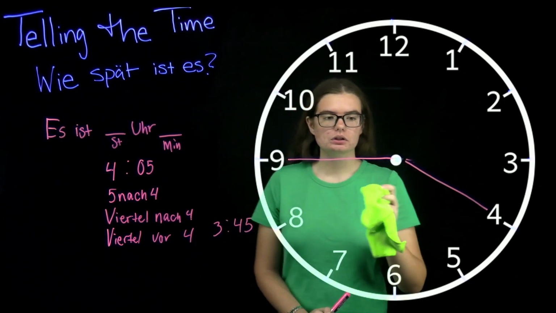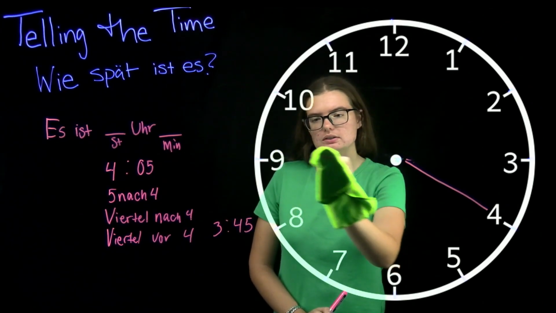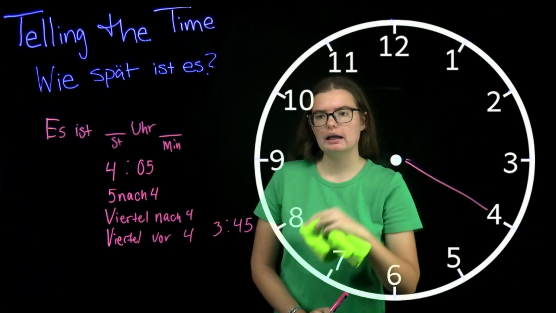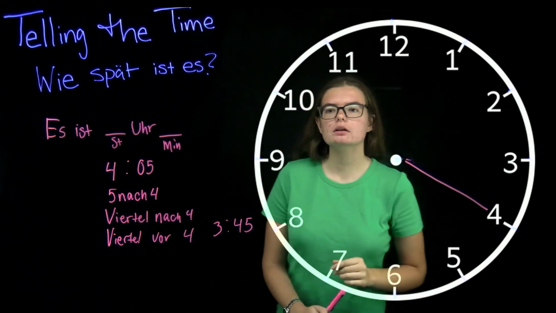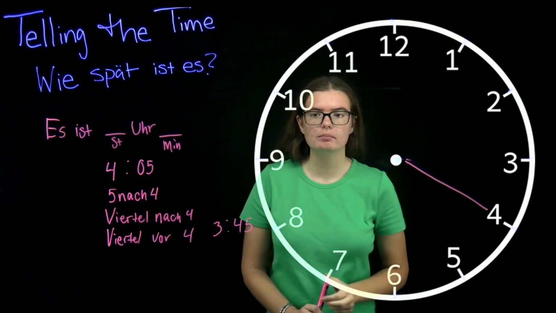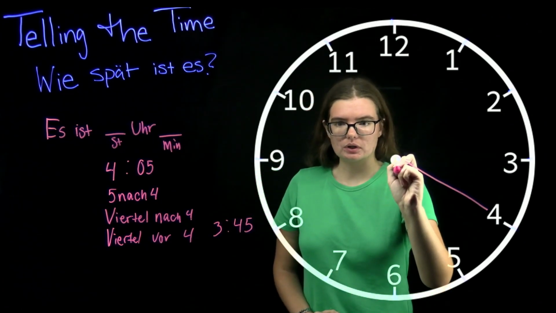And then finally, German has the idea of halb. We use this sometimes in English, 3:30, but it's not super common, and it's not the same way it is in German. I'll show you what I mean.